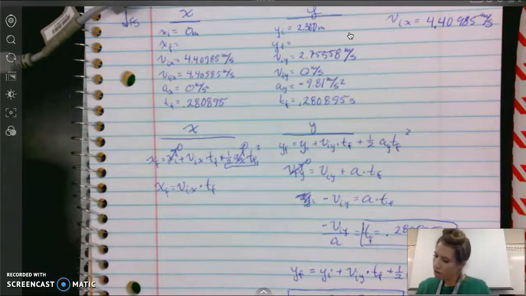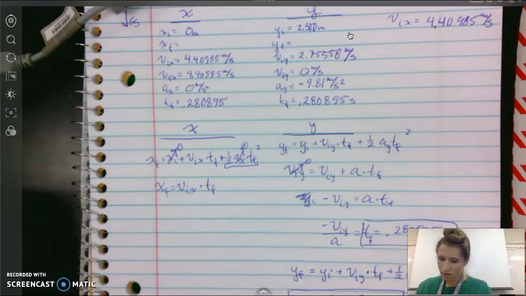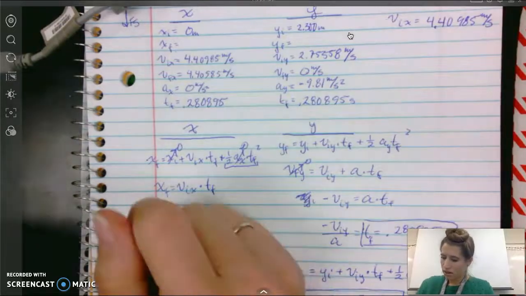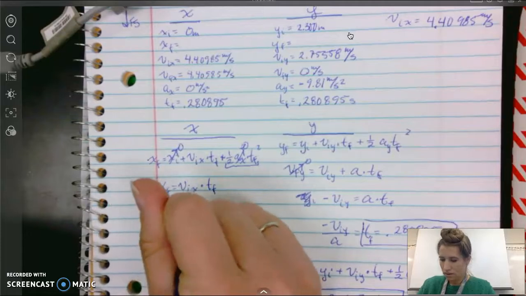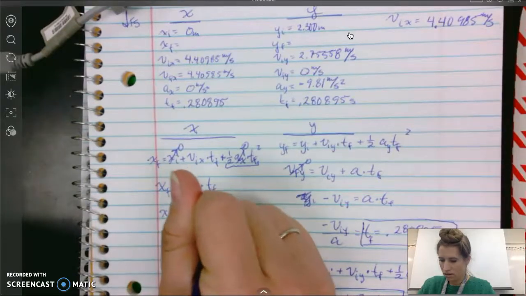So velocity initial in the x, it's the 4.4 number. I'm going to times that by the 2.28 time component. Okay. And I get an x final of 1.2387.